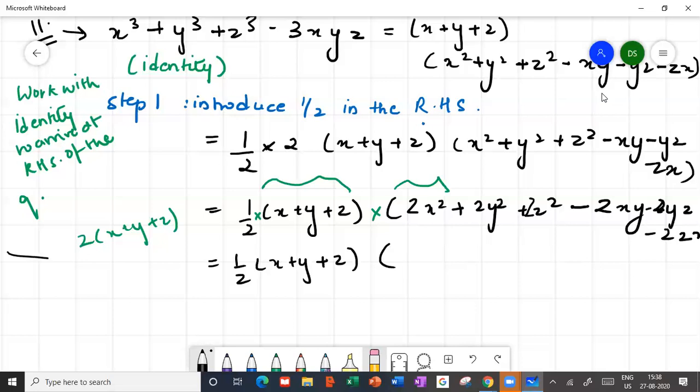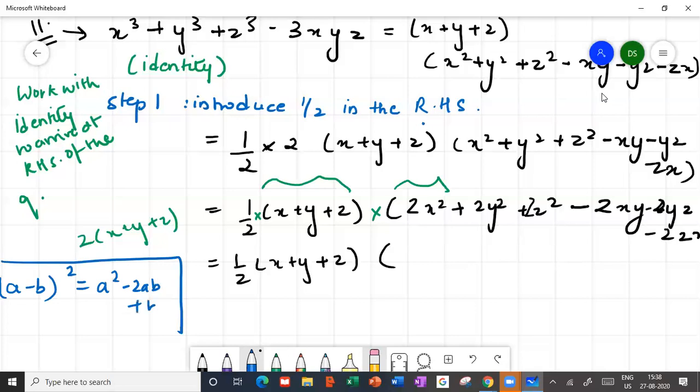Okay, I'll write it here. So what is a minus b the whole square? It is a square minus 2ab plus b square. Correct? Can you see that form here in this bracket?